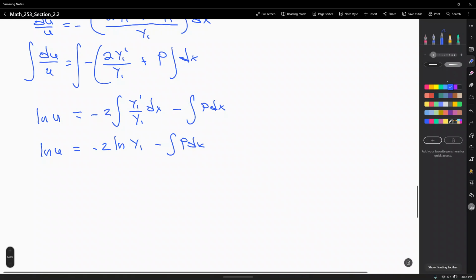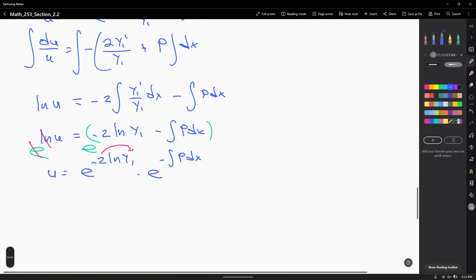So now we want to solve for u. Let's exponentiate both sides on the base e, and that'll give us u, because we can cancel e with ln. So u equals e to the negative 2 ln of y sub 1 times e to the negative integral of p dx. You might be thinking of canceling e with ln, but we can't because of the coefficient negative 2, so make sure to move it first.